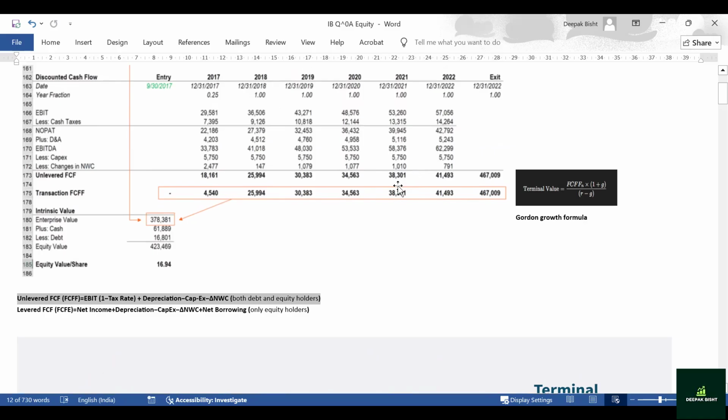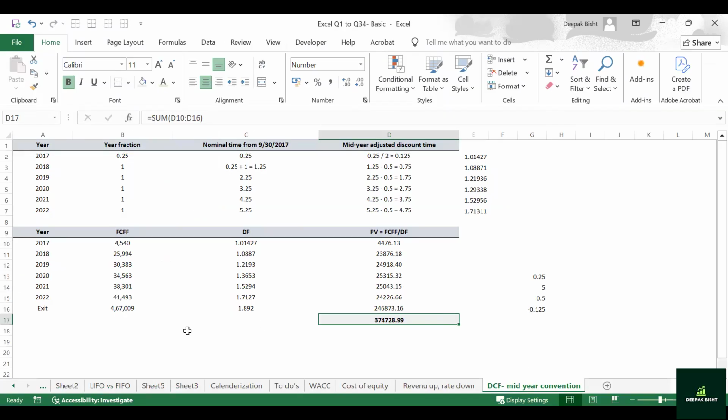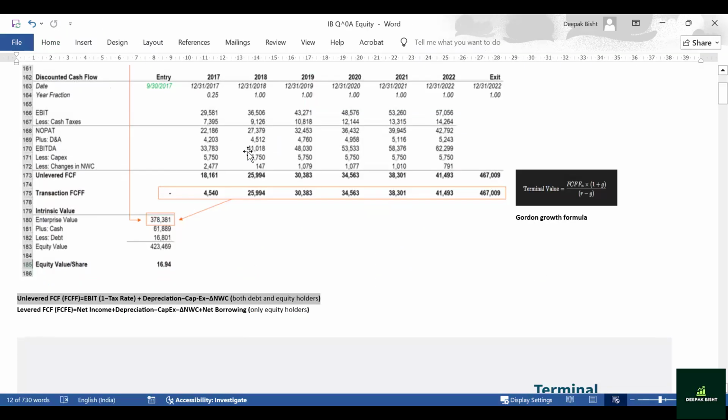Okay, so let me just take you to Excel. Here is our Excel. Mid-year convention, we discussed this. So if this is the year 1, 2, 3, 4, 38301. Let me just check, am I at the right year? 1, 2, 3, 4, 38301.